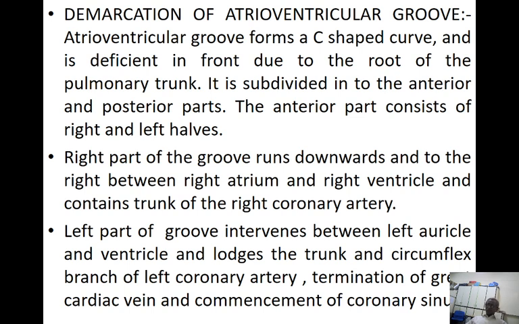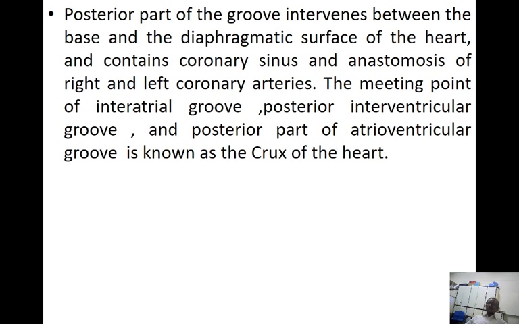The left part of the groove intervenes between the left auricle and left ventricle, containing the trunk and circumflex branch of the left coronary artery, termination of the great cardiac vein and commencement of the coronary sinus. The posterior part of the groove intervenes between the base and diaphragmatic surface of the heart and contains the coronary sinus and anastomosis of the right and left coronary arteries. The meeting point of the interatrial groove, posterior interventricular groove, and posterior part of the atrioventricular groove is known as the crux of the heart.